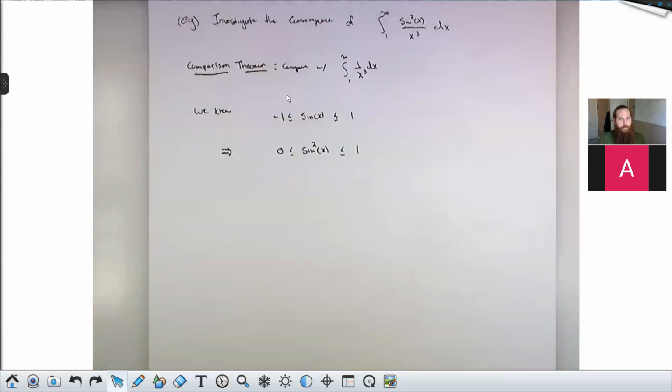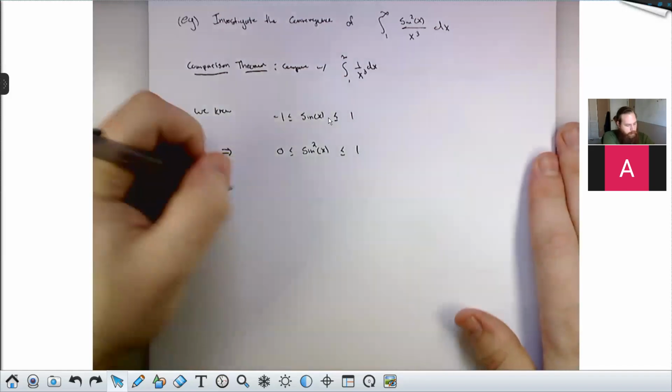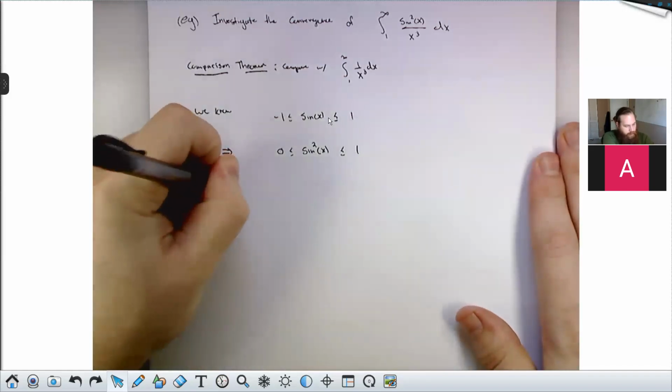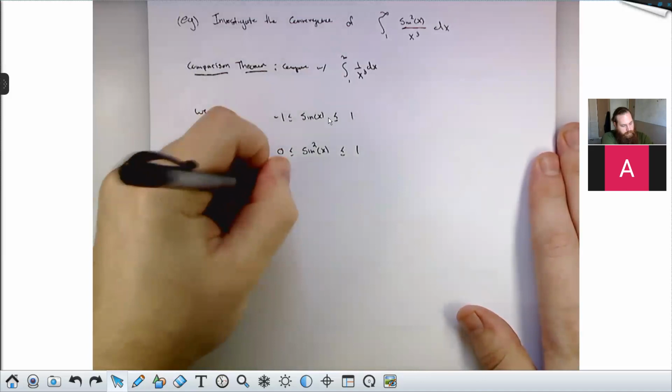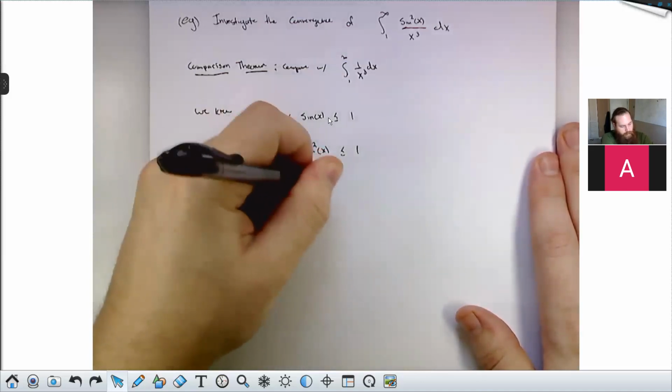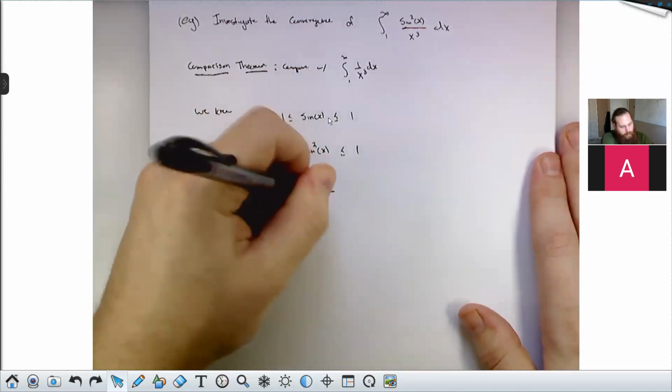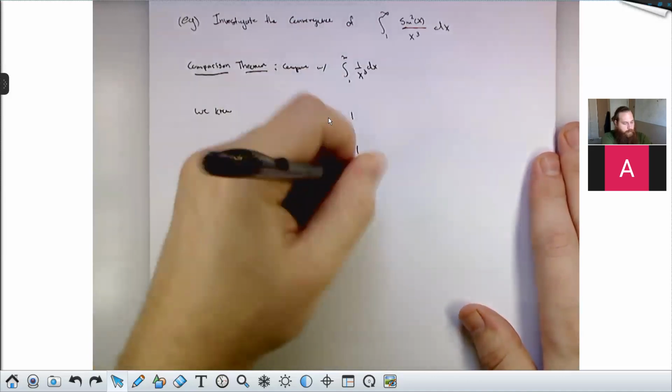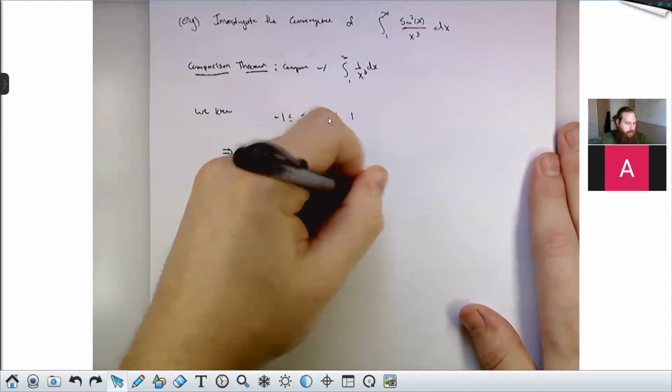Right? If you take a bunch of things that are between -1 and 1 and you square all of them, the result will be a bunch of things between 0 and 1. This implies that 0 is less than or equal to sine squared x over x cubed is less than or equal to 1 over x cubed.